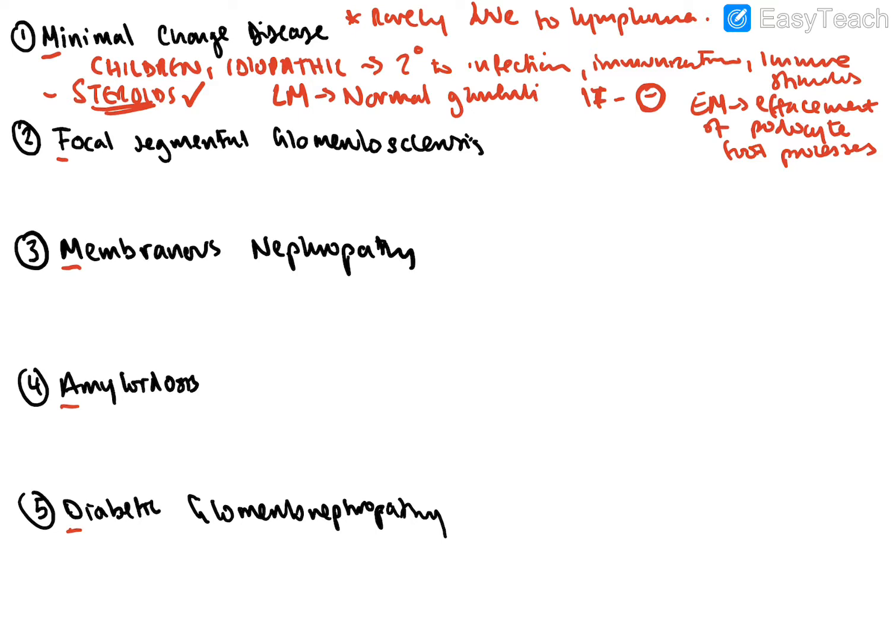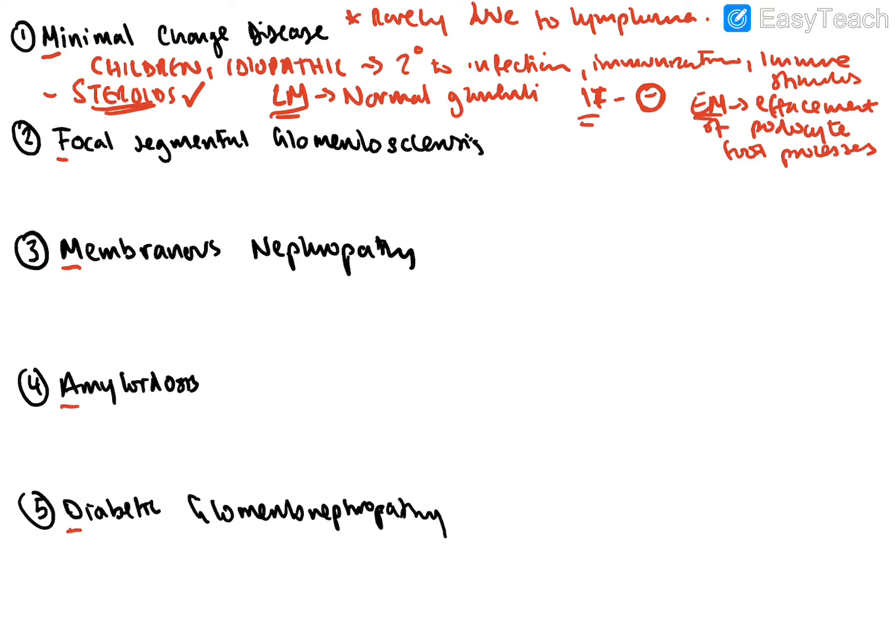Immunofluorescence will be negative, and electron microscopy will show effacement of podocyte foot processes. So in this video, to make it systematic, we will go in this order: light, then immunofluorescence, then electron, LIE, lie.